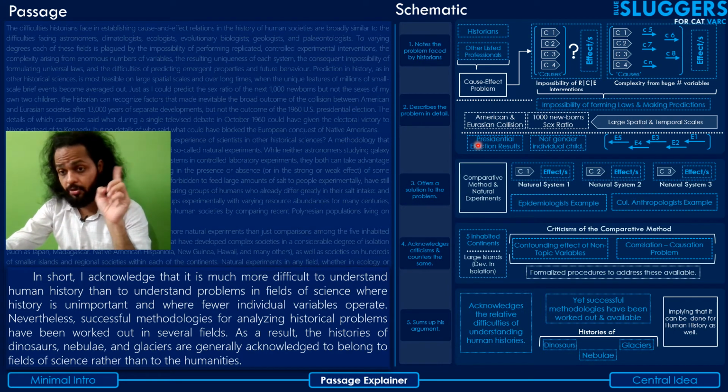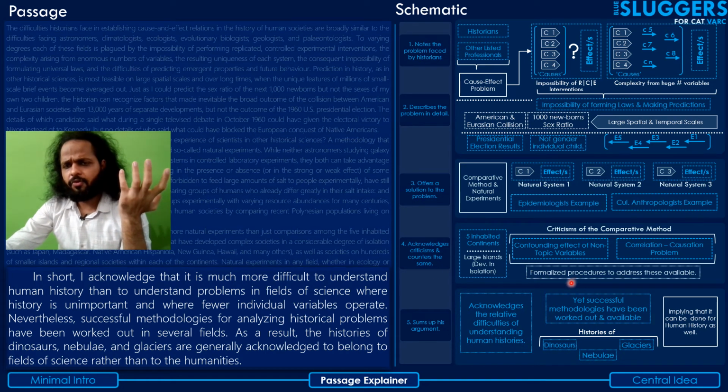The field of history the author is concerned with is human history. In the next paragraph he acknowledges that there are some criticisms, disadvantages and cons of this comparative method, but notes that formalized procedures have been developed to address these problems.